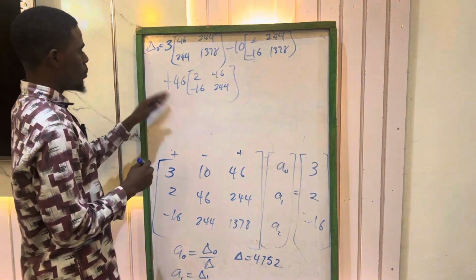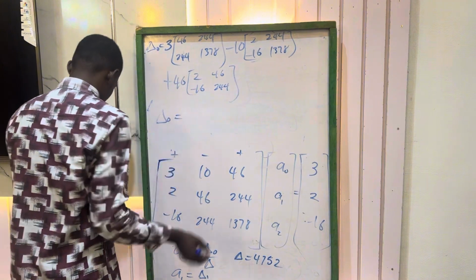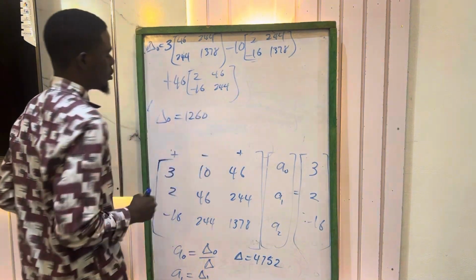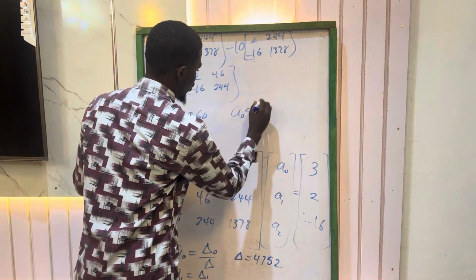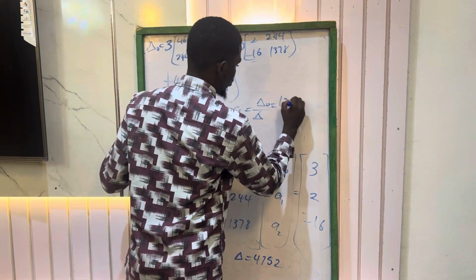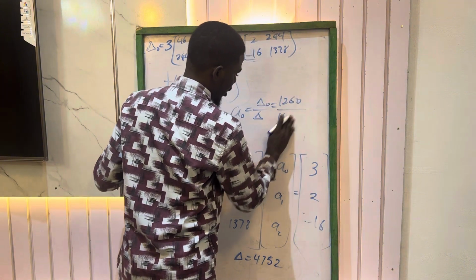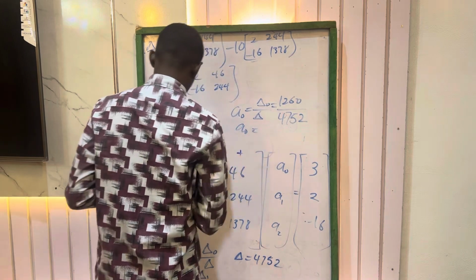Alright, so by the time you compute this, your delta naught is going to be equal to 1260. So since you already got your delta naught, to get your A naught is going to be equal to delta naught over delta, which is 1260 over 4752.